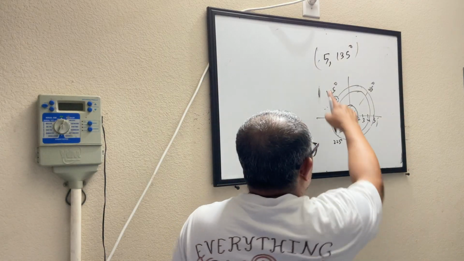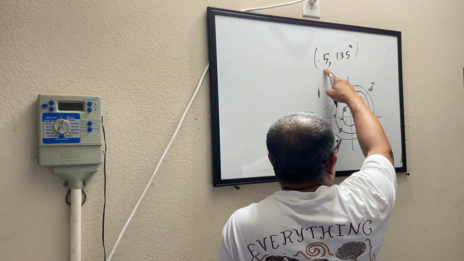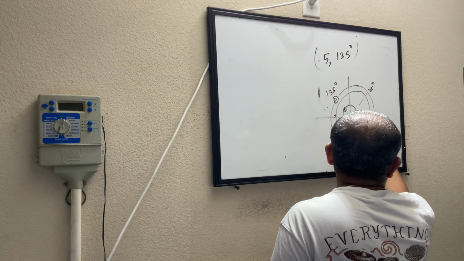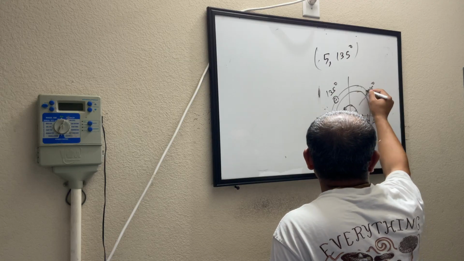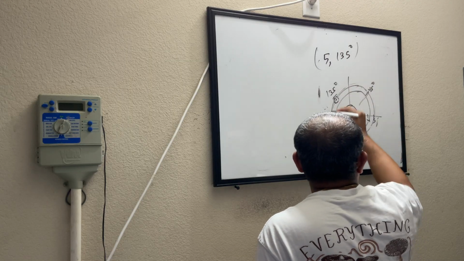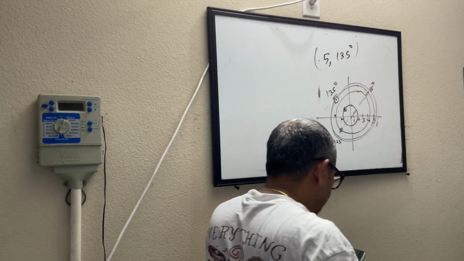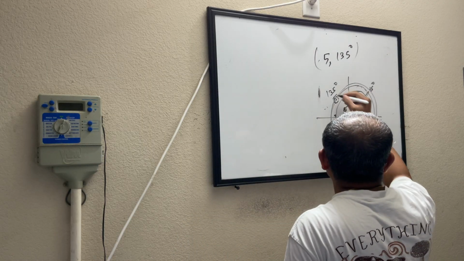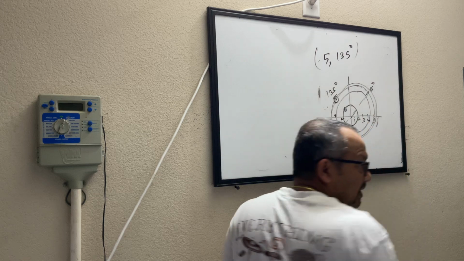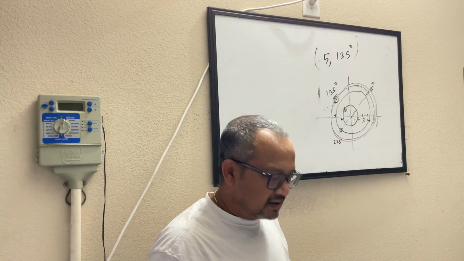So your radius R is 5, total distance 5. So basically I'm talking about this circle which crosses 5. Okay? And then angle 135 degrees. So this is 90 degrees, 135 is given, right? You have to just pick up the point. You have to just locate it.